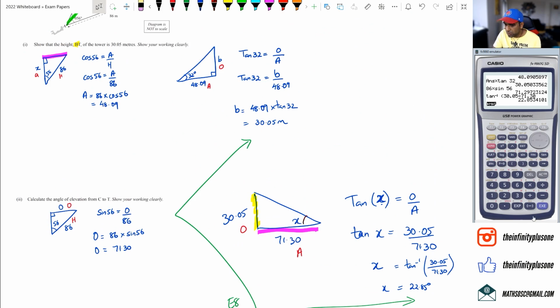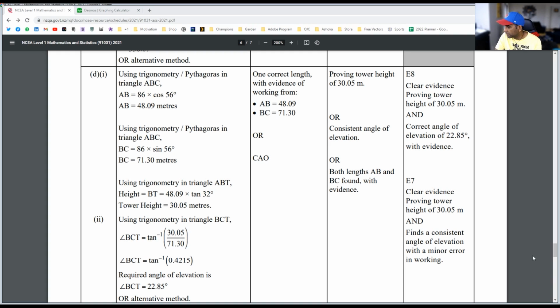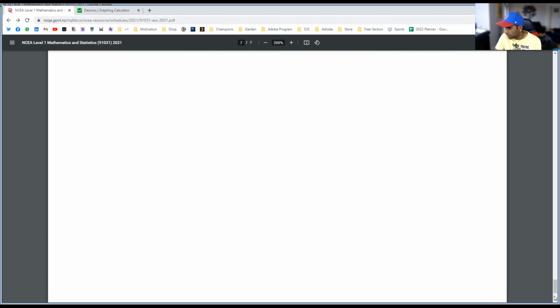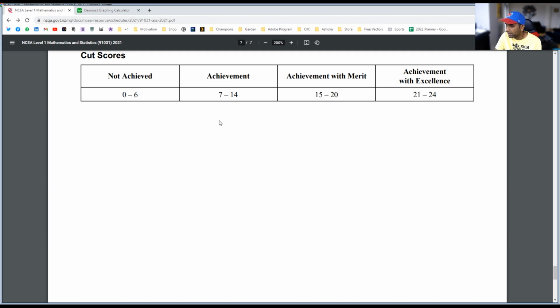In terms of cut scores, I know I haven't done this before, but might as well start doing this right now. So there's a cut score there. Achieved is 7 points to get an achieved. So basically, if you got 3 achieved questions correct, well, not 3, I think you need 4, because 3 would give you 6 points. 2 would give you 3.